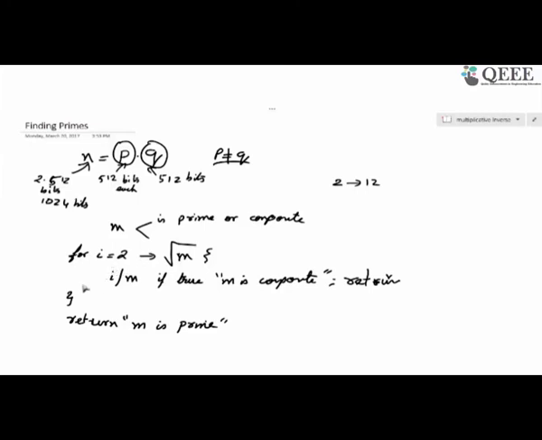So instead of running a loop over 2, 3, 4, 5 till square root of m, we'll run a loop for all primes i which are less than square root of m. This was also a way to find out whether a number was prime or composite.